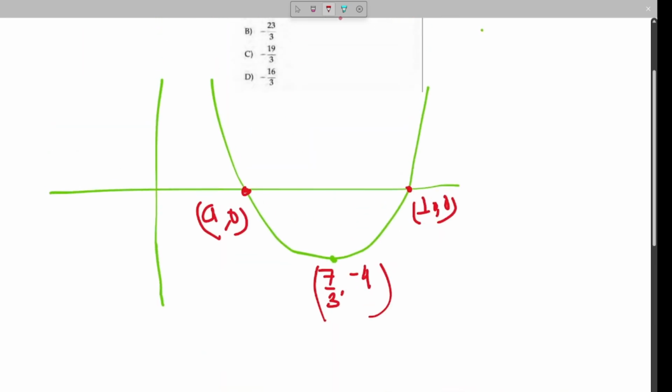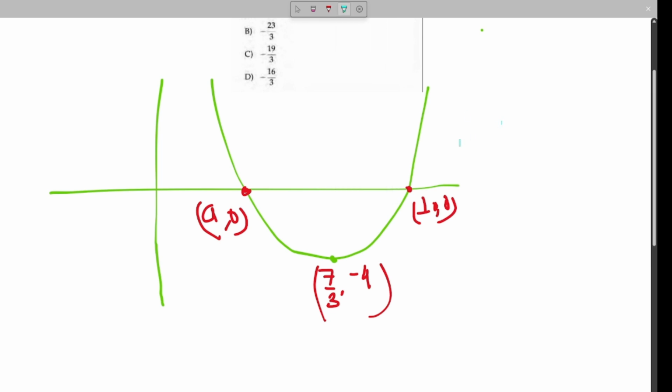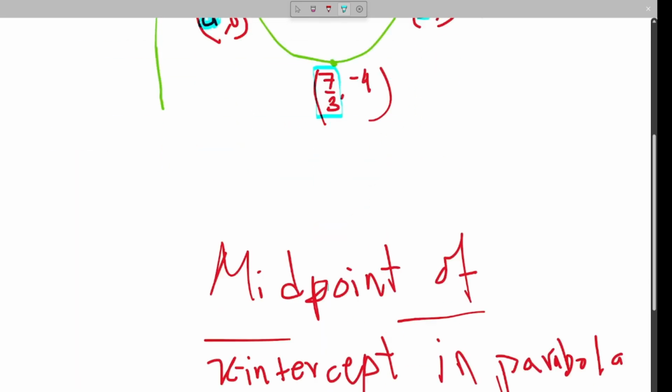Okay, let's take this. The midpoint of a, the x-coordinate of one of the x-intercepts, and 10 is equal to the x-coordinate of the vertex, that is 7/3.